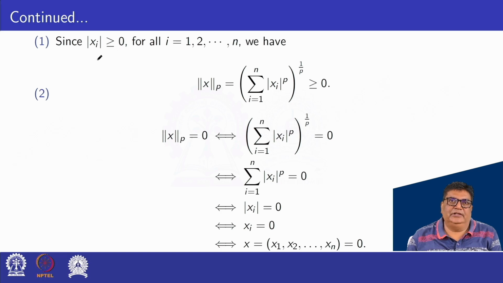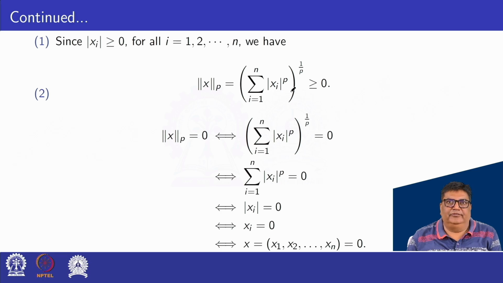Then ||x||p is greater than or equal to 0.